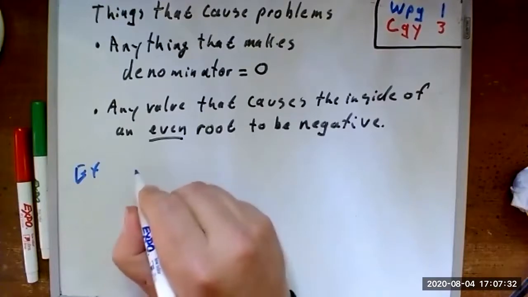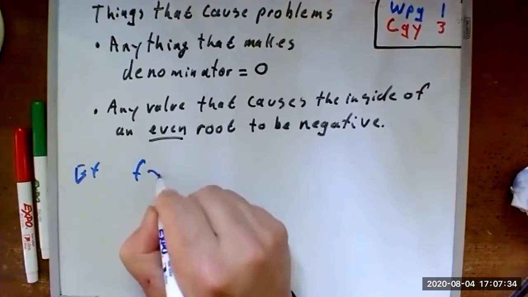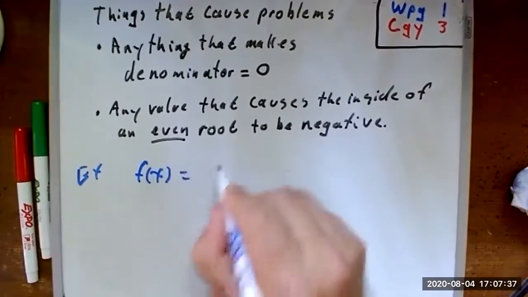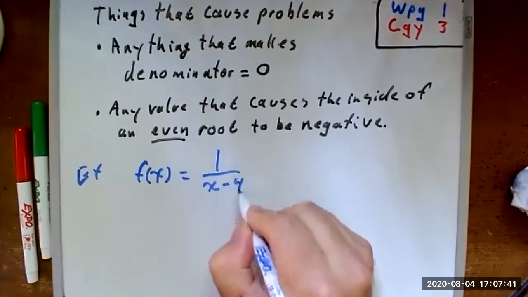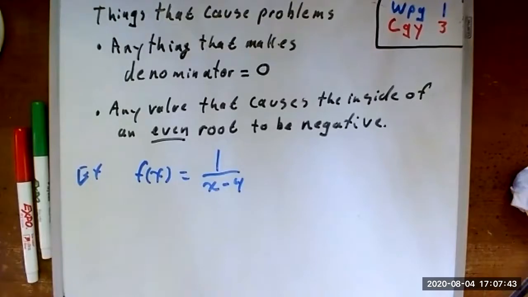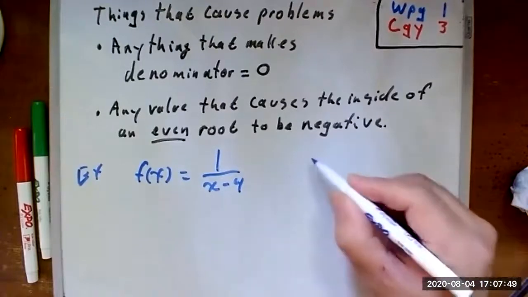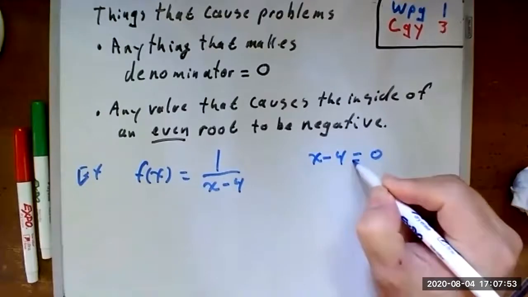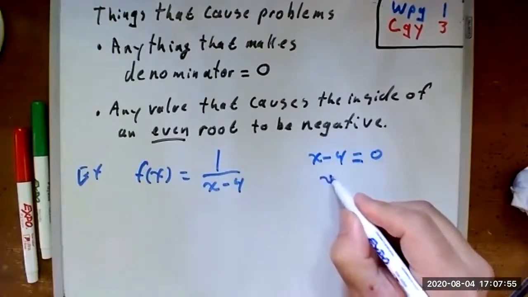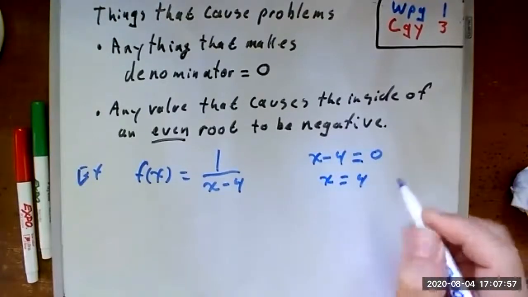So, for example, let's go with an example. If I was given the equation f of x is equal to 1 over x minus 4, what would be the danger here? The danger is when the denominator is equal to 0.